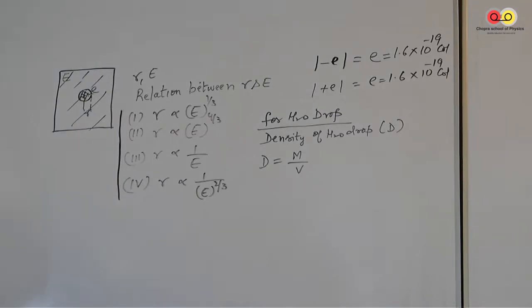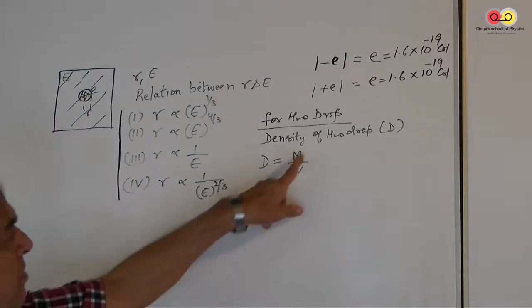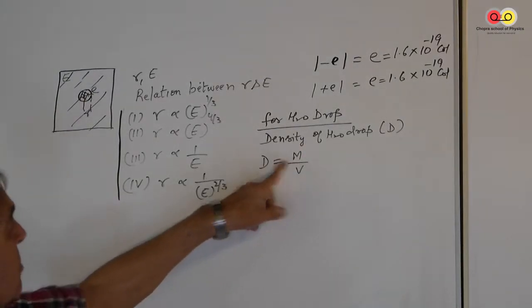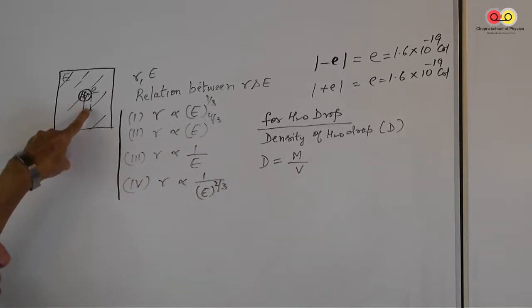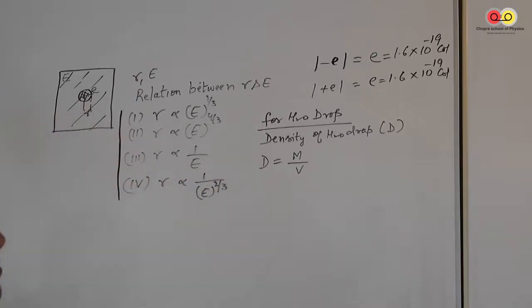This is the formula for density. M is the mass of this water drop, V is the volume of this water drop.